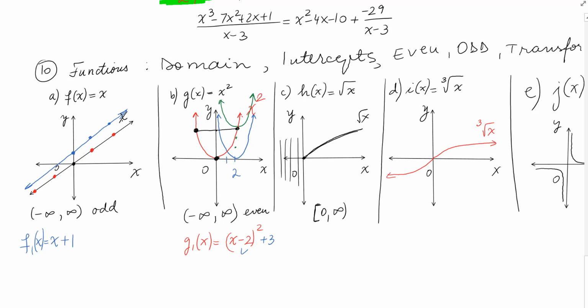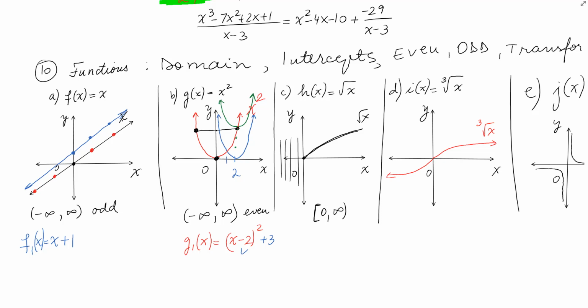That's 0. The intercept, again, is the origin: when x equals 0, h of 0 equals 0, and if h of x equals 0, x equals 0. So the origin is the x-intercept and the y-intercept.